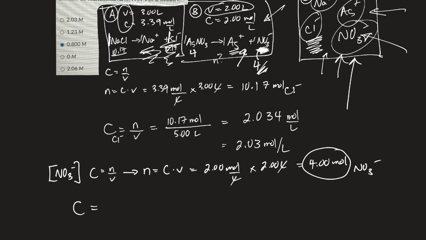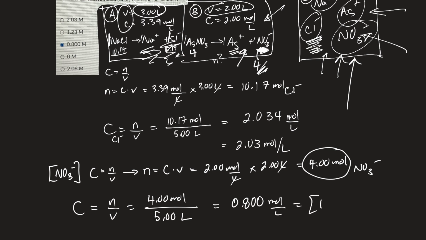So my concentration for nitrate ions would be moles over volume. Moles are 4, and the volume again would be the total volume, 3 plus 2, which is 5 liters. So 4 divided by 5 is 0.8. With 3 sig figs, it'd be 0.800 moles per liter. That is the concentration of nitrate ions in that solution.